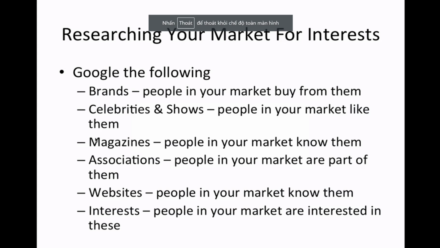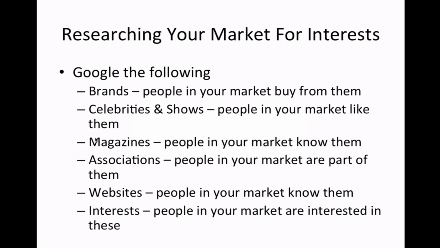So I wanted to go through researching your market for your interest, now that you have a little bit of a look around in there. Google the following: brands people in your market buy from, celebrities and shows people in your market like, magazines, associations, websites, and interests.